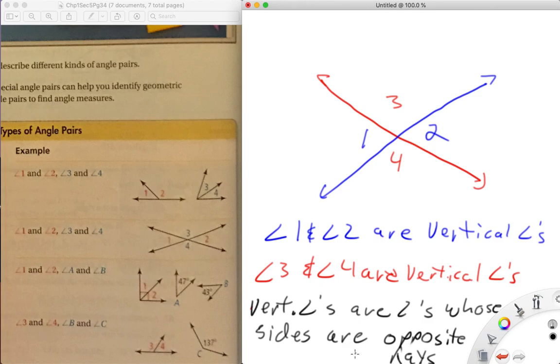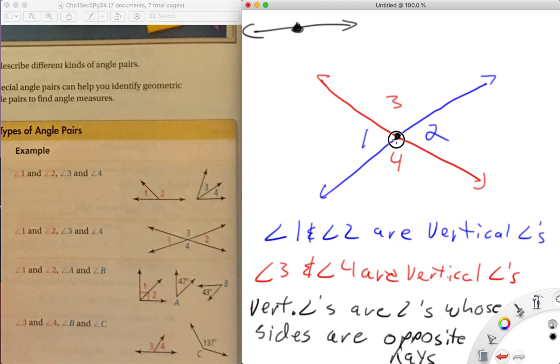Okay. So what does that mean? So remember we said that an opposite ray is a ray that forms a straight line, right? And they go in different directions. They go in opposite directions. They have to be on the same line. So there's going to be an intersection.